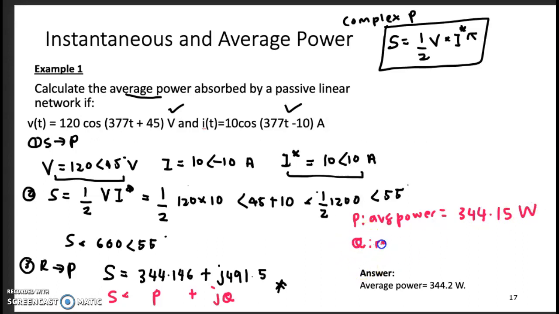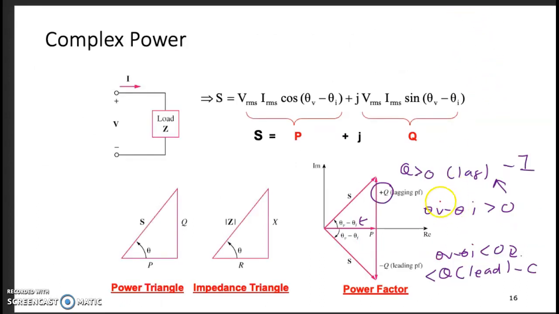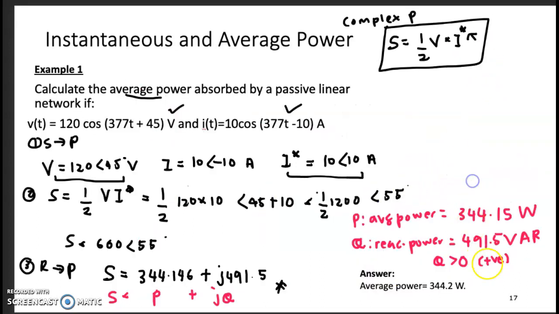Q is the reactive power, that is 491.5 VAR. If you look here, this is positive, right? Q is more than 0, a positive value. If you go to the previous video, when Q is positive, this means lag.